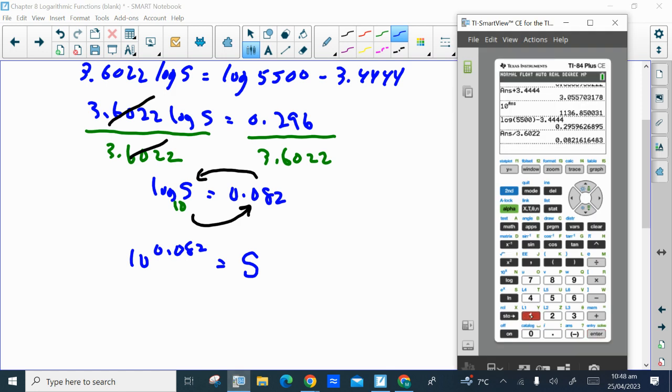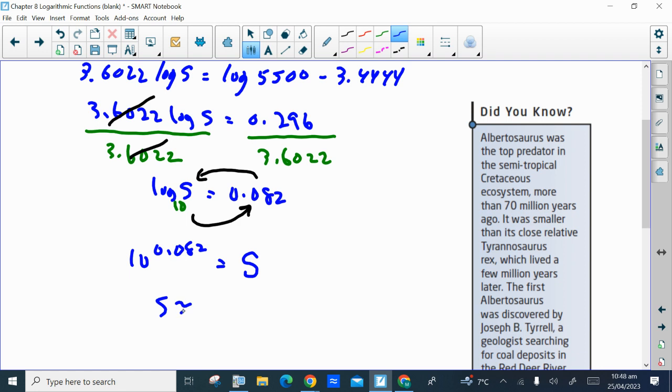I want to keep it there. 10 to the power of the previous answer. It does say to the nearest hundredth of a meter, so it'll be 1.21 meters when we round to the nearest hundredth.